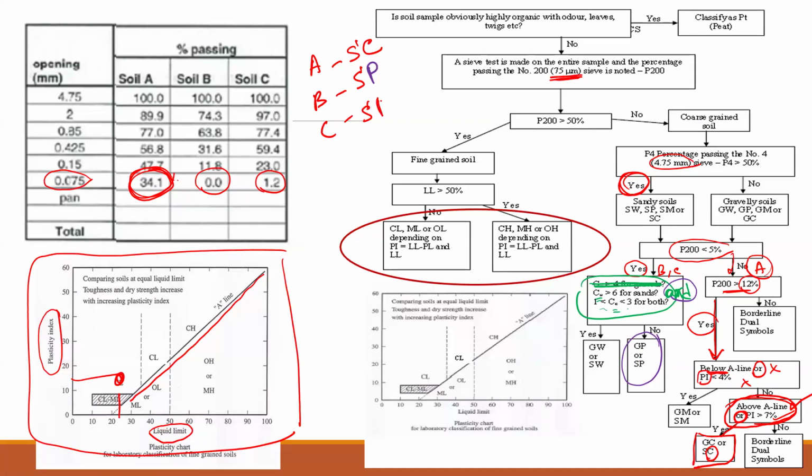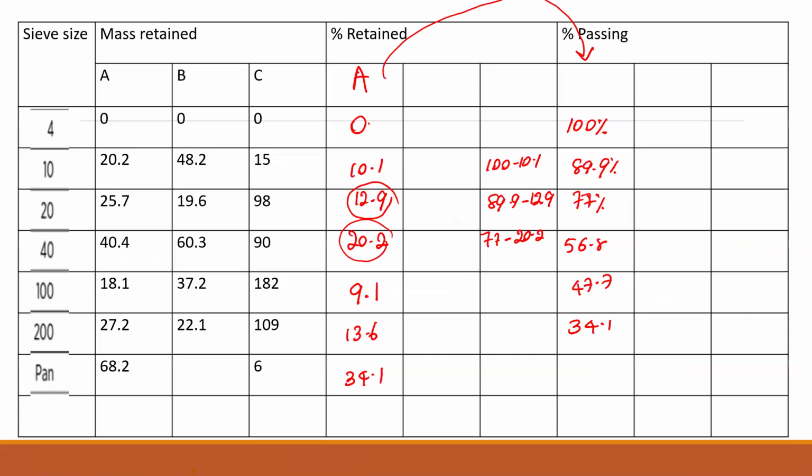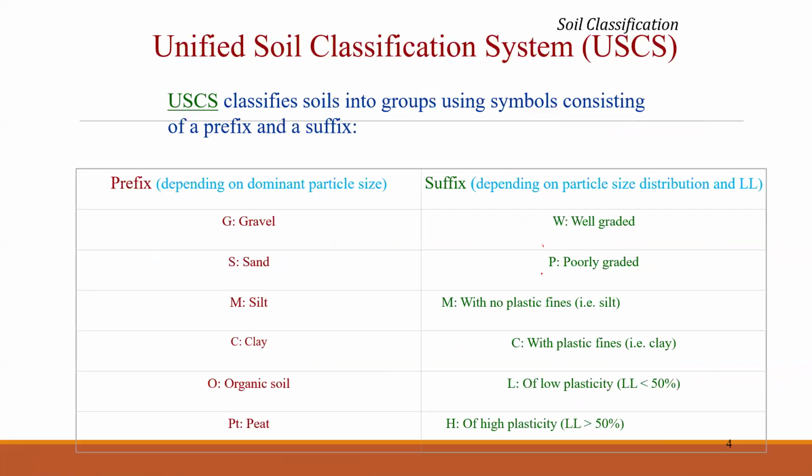So the C is also sandy soil, and the prefix is P. So you can see here P is poorly graded and S is sand.